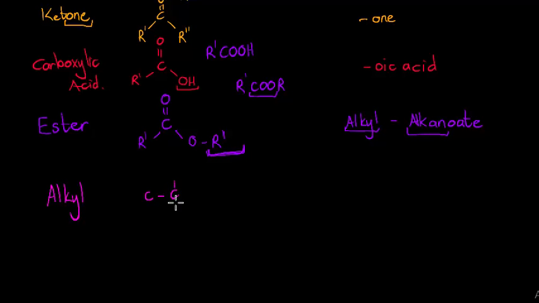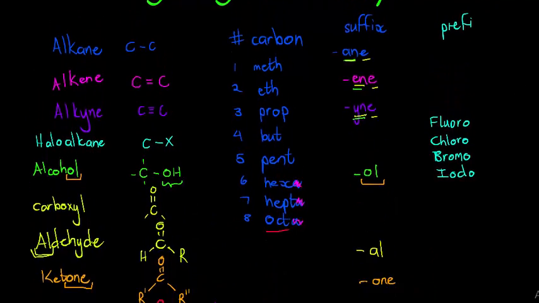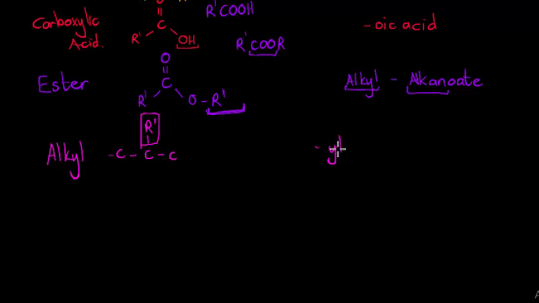Here I've got my chain of carbons, and then bonded to that I've got my alkyl. I should have mentioned it earlier, but there's a reason why I put it way down here at the bottom. An alkyl is just named with a yl suffix, and it still uses the same prefixes as these, but we write that part first in the name.